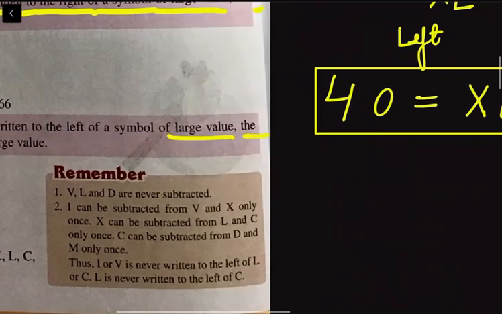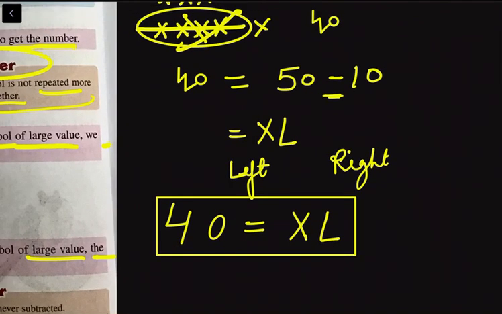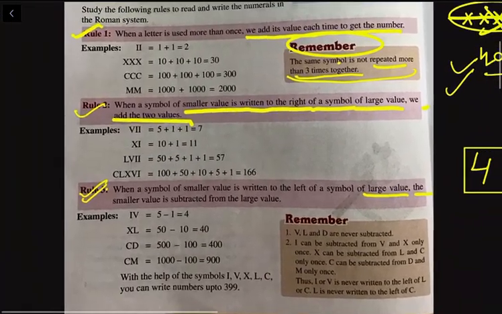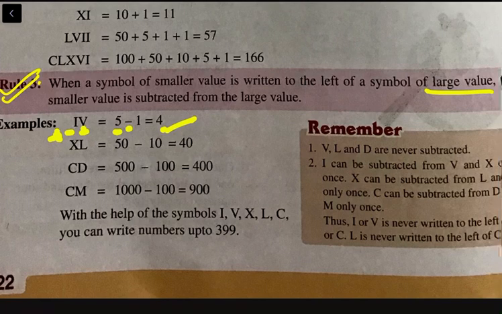As I showed you here in this example, 40. And some other examples. IV: V stands for 5, and I is on the left hand side, then 5 minus 1 is equal to 4.